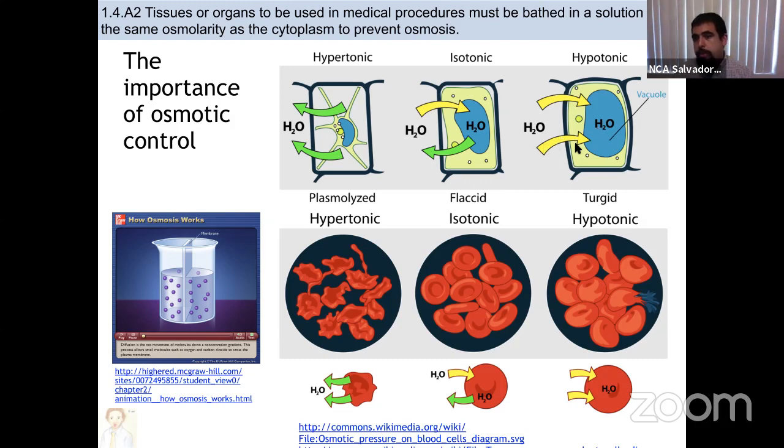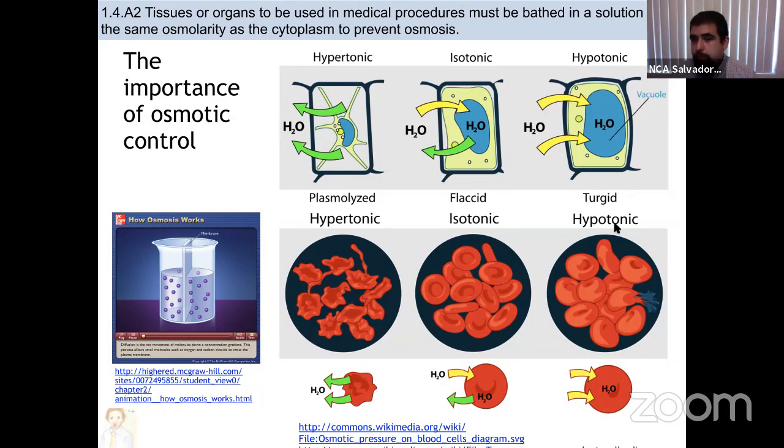So as the water rushes into the cell in a hypotonic solution, it causes the cells to plump up and get really fat. If something's hypotonic, it always gets bigger. If you want to remember it as a hippo, that works. So hypotonic means the cell gets bigger, it gets filled.